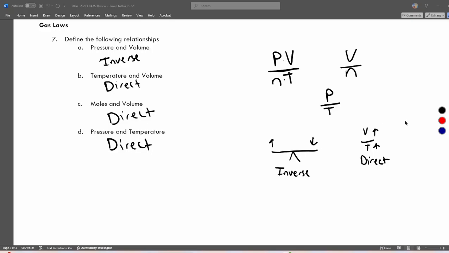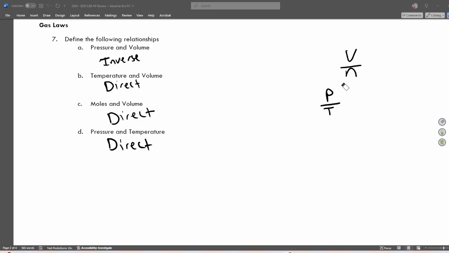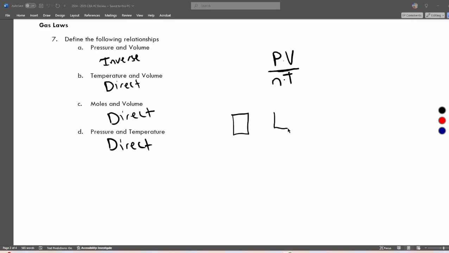I want us to think about this in terms of, for instance, if I had three closed bottles, and this one had 2 moles of gas, and this one had 3 moles of gas, and this one had 4 moles of gas.